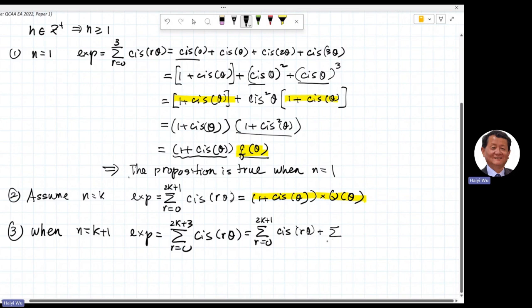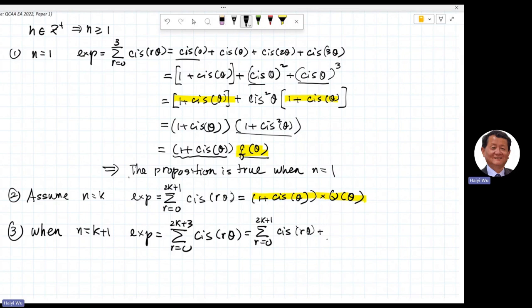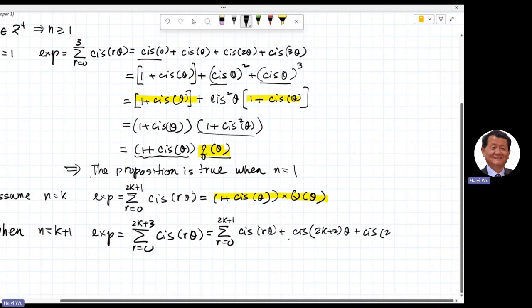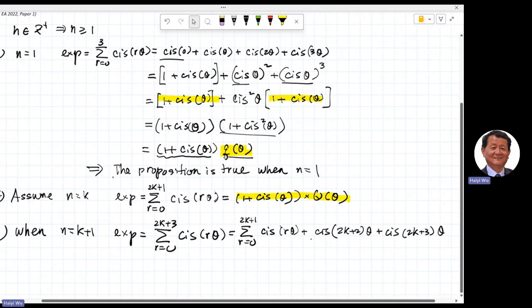So we've got two remaining terms: cis 2k plus 2 theta and cis 2k plus 3 theta.